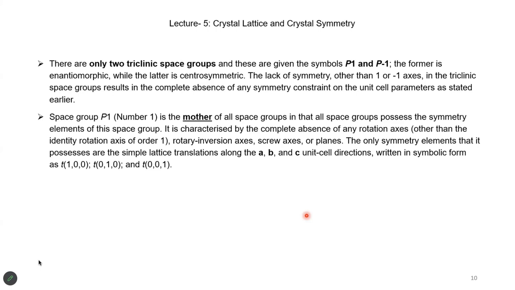I will take the stereographic projection of 2 or 3 space groups to show you, and some rules, in the next lecture. Thank you for your attention for the 5th lecture of chemical crystallography in solid state chemistry. Thank you very much.